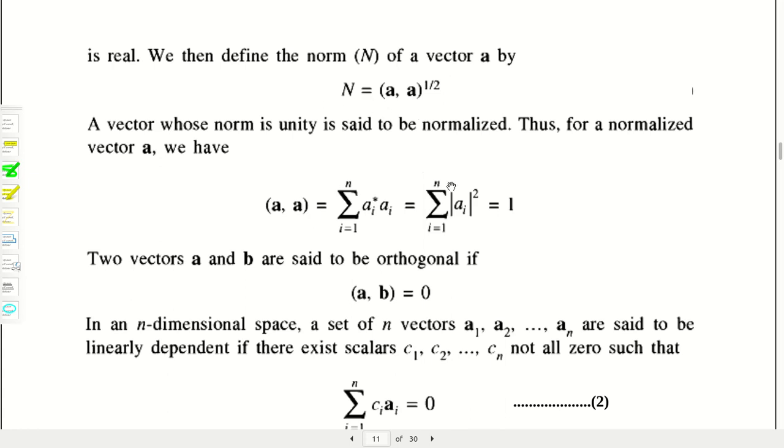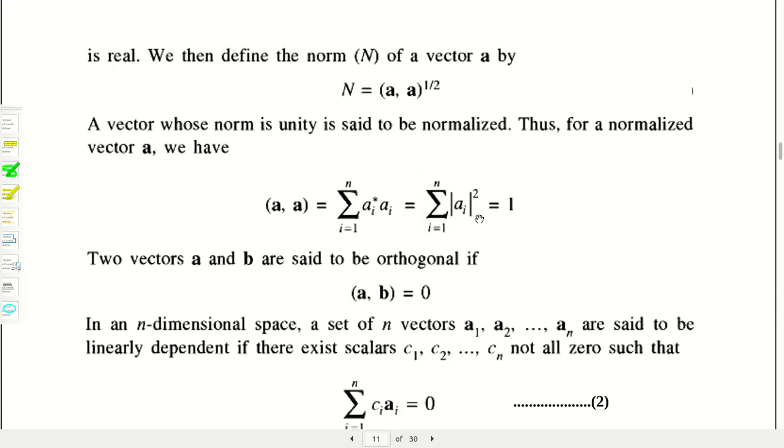How should it be 1? So a comma a means sum over ai star into ai, using the inner product formula. So ai star ai is your mod ai square, so sum over mod ai square should be 1 in case a is a normalized vector.